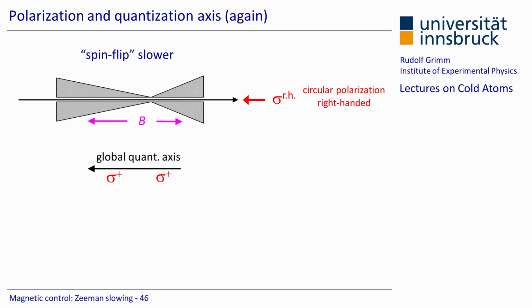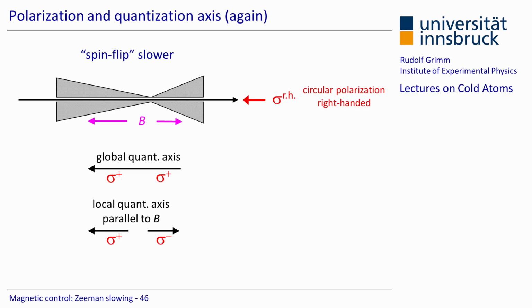But now alternatively, I can think I'm clever, and I choose the local quantization axis parallel to the B field in the first slower section and the second slower section, so that means with opposite sign. With this choice, one part of the slower is operated with sigma minus light, the other one with sigma plus light.